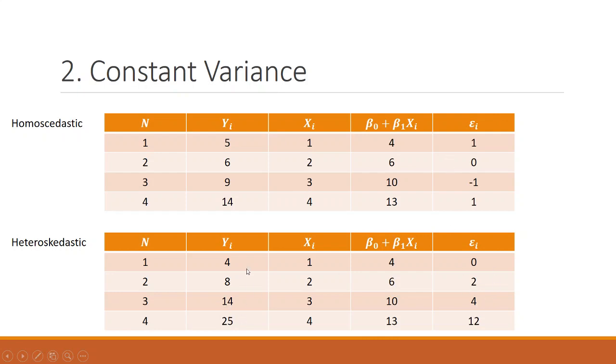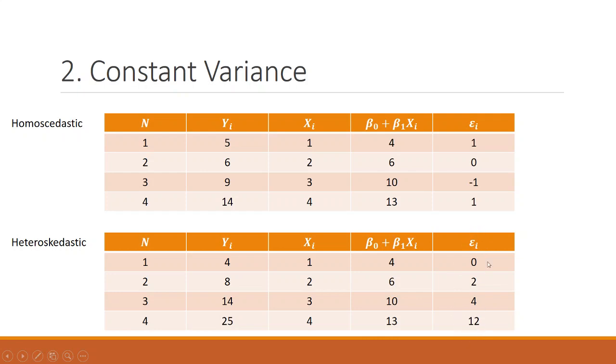But now here's an example of what heteroskedasticity might look like. In this case, my y variable is equal to 4, then 8, 14, and 25. That translates into an error term where for person 1, the error term is 0. Person 2, it's 2. Person 3, it's 4. Person 4, it's 12. So in this case, we can see that the error term is definitely changing.